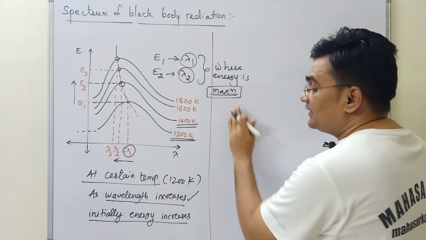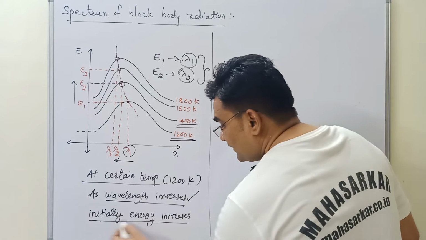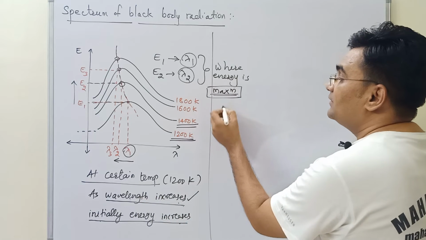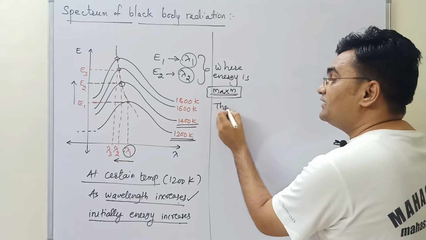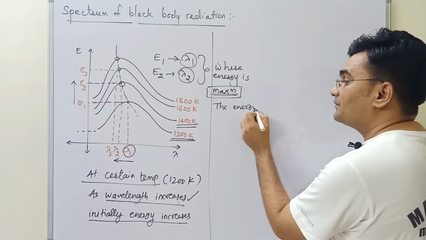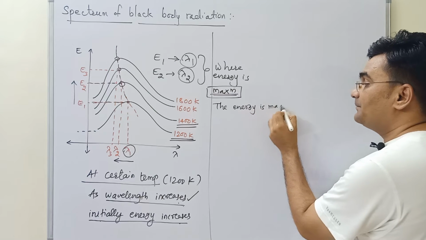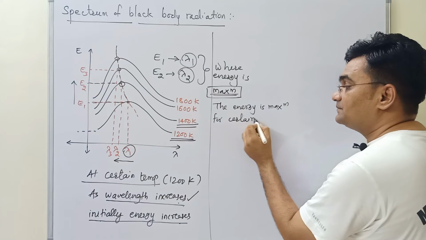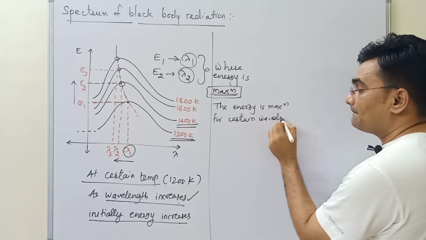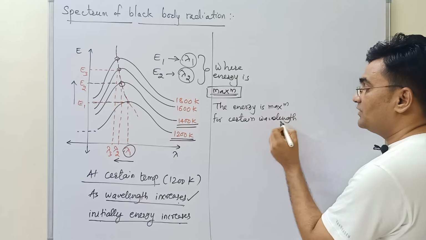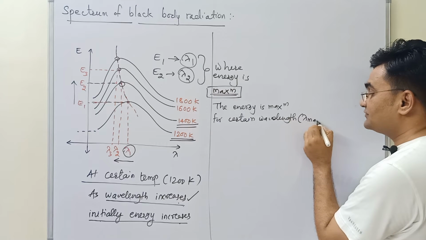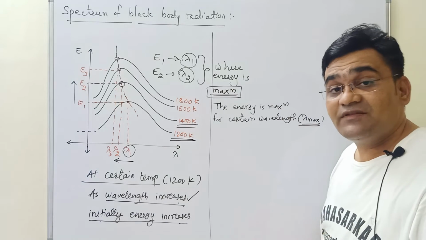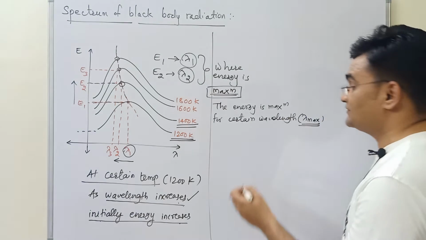So they suggested that initially energy increases, wavelength also increases, and then the energy is maximum for a certain wavelength. We call that wavelength lambda max. Remember, lambda max doesn't stand for the maximum value of wavelength. It is the wavelength for which energy is maximum.